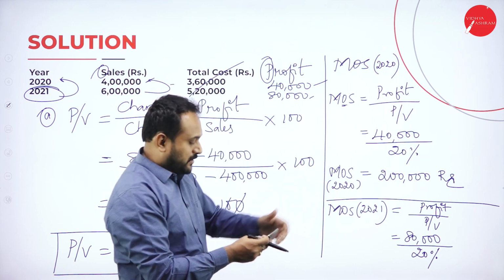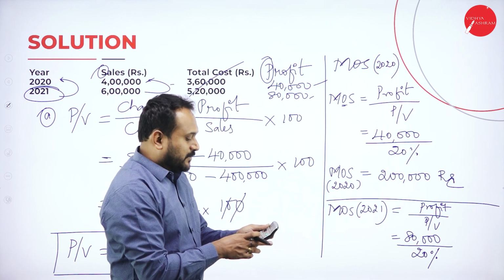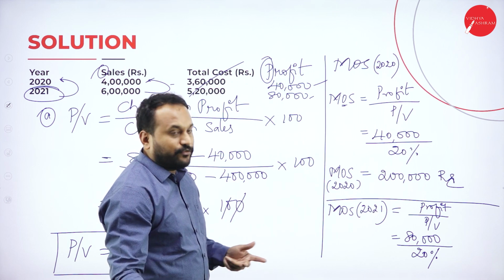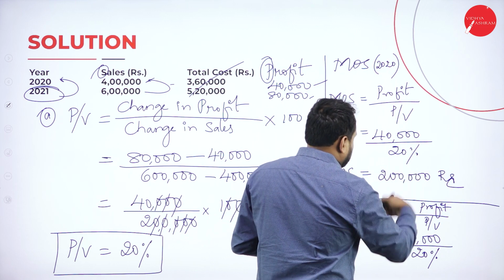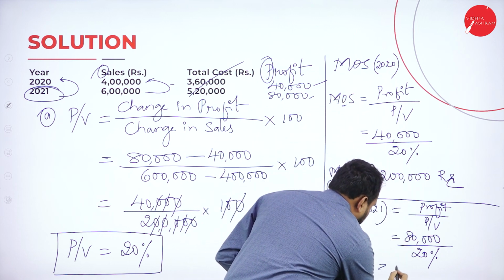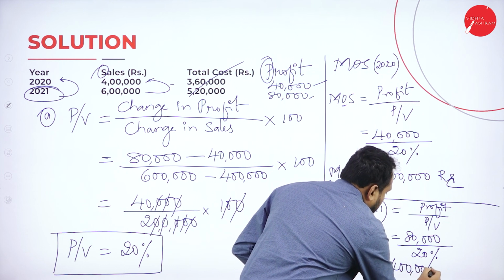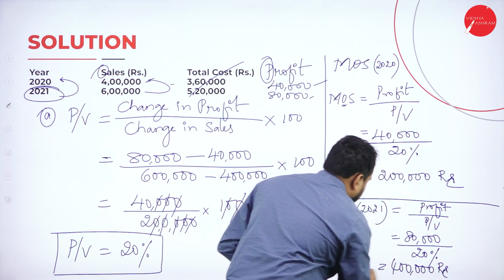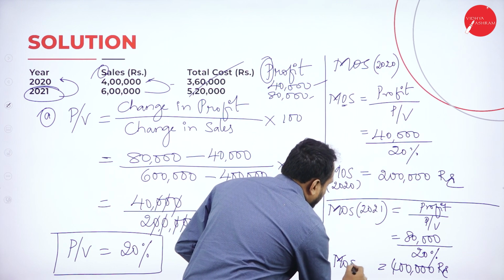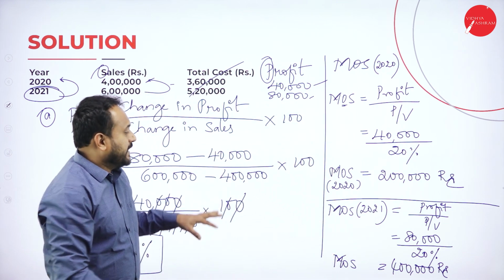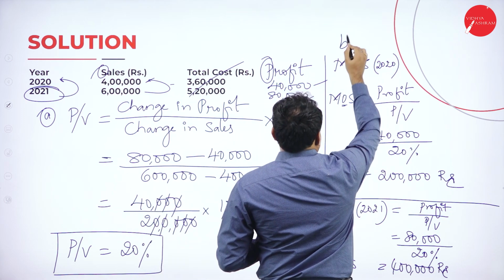It will be like double. So it is 80,000 divided by 20%. So it is how much? 4 lakh. See, here it is 2 lakh, so it is double. So how much it is equal to, it is 4 lakh rupees. So this is my MOS for 2021. So I'm done with my PV, and this is the question B.